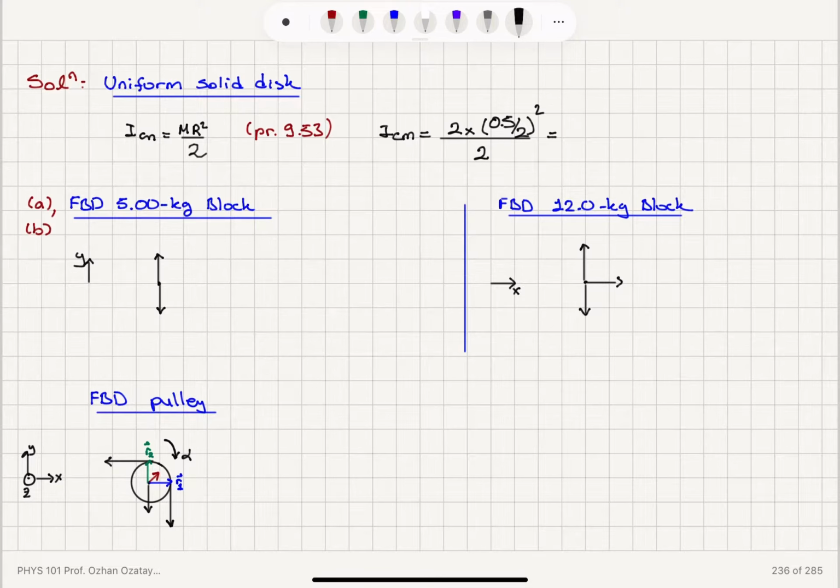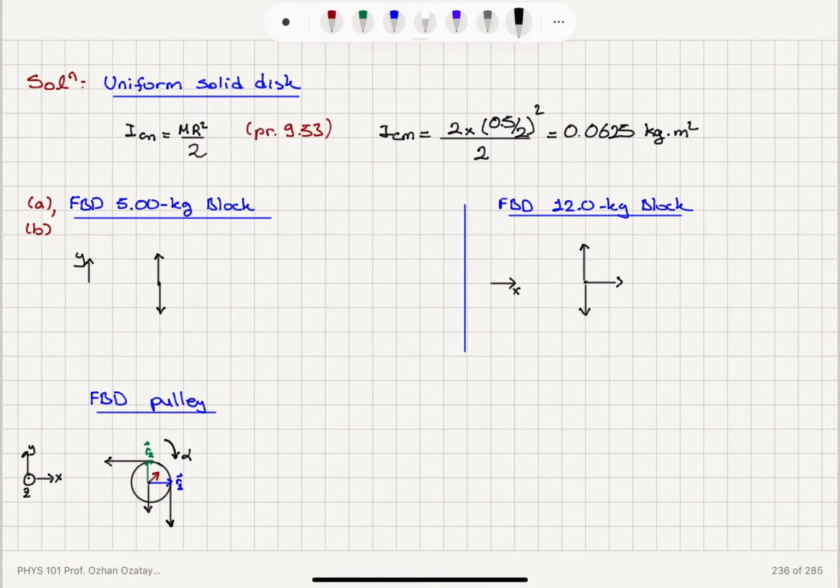So this gives us 0.0625 kilograms meter squared. So we have calculated the moment of inertia for rotations about the center of mass axis for a uniform solid disk. So that's our pulley.